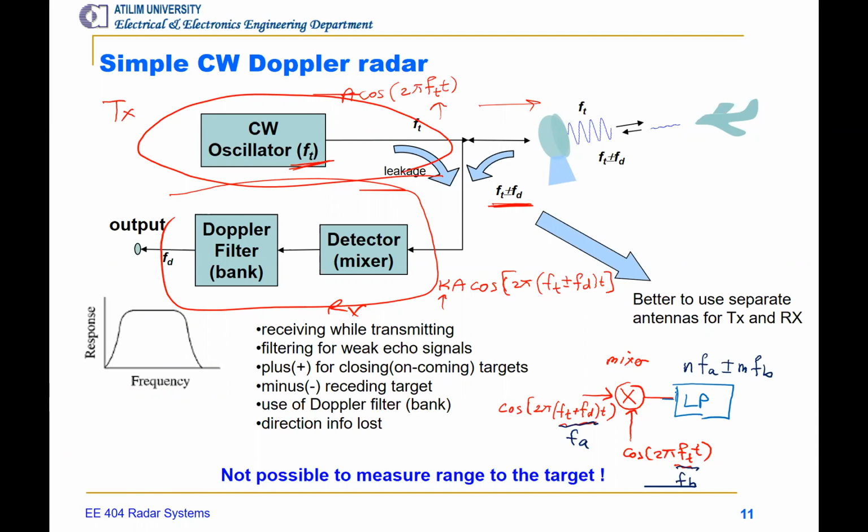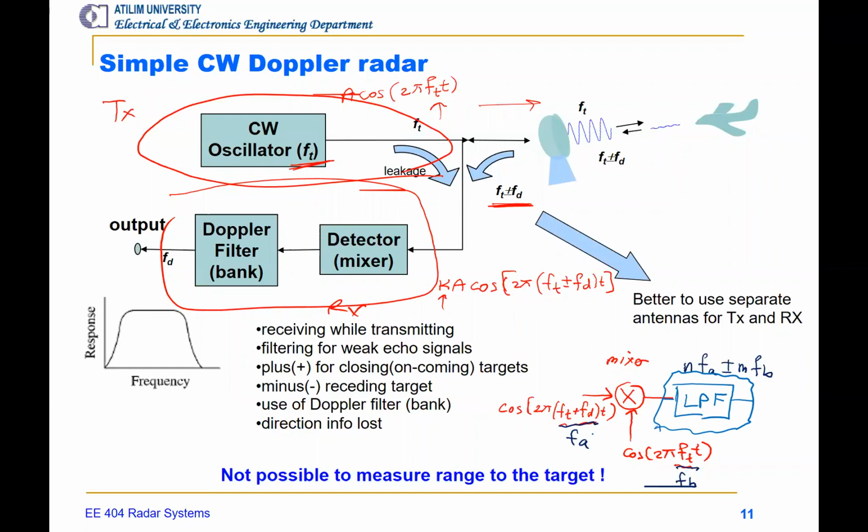To eliminate high frequency components, as we are interested in the Doppler frequency only, which is very small compared with the transmit signal. So if we tune the band of the low-pass filter, the cutoff frequency, we can easily see only the Doppler frequency at the output of the low-pass filter.